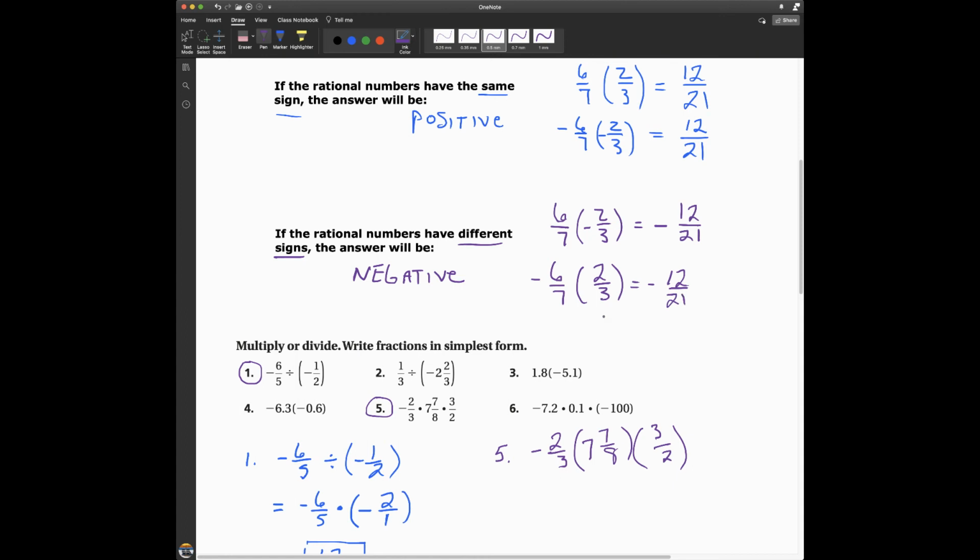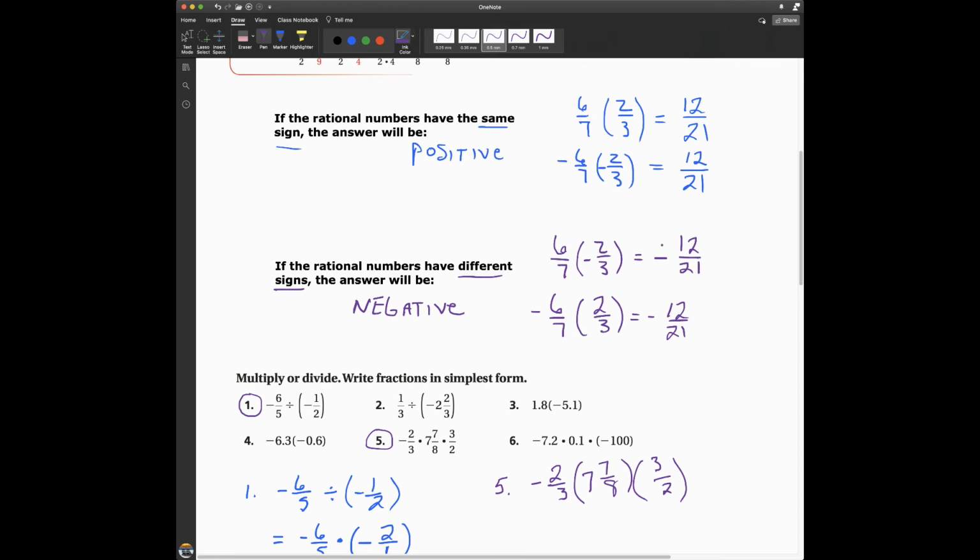And so when you look at these answers for these four problems, one of the things that you always have to remind yourself of for fractions, you have to do what before you can say that's the final answer? Remember, you have to simplify them. So even down here, I can simplify this one.